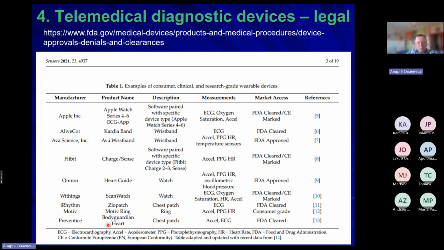So most of the devices from the previous slide are not medical equipment. They have capabilities for recording different vital sign parameters of the human body, but officially, legally, they are not diagnostic equipment. So here are the things we have to keep in mind.